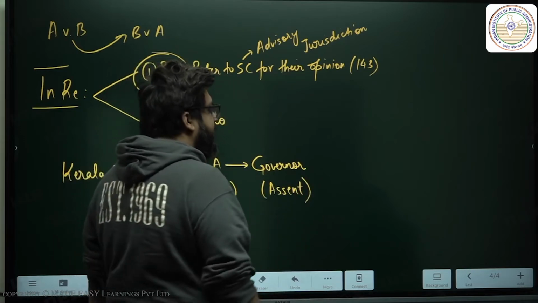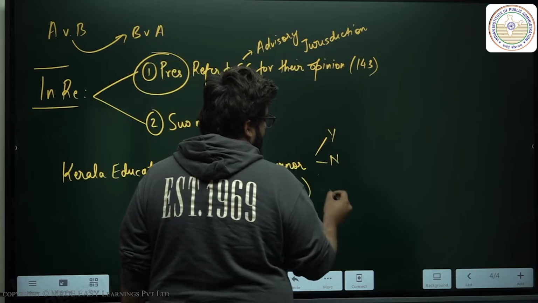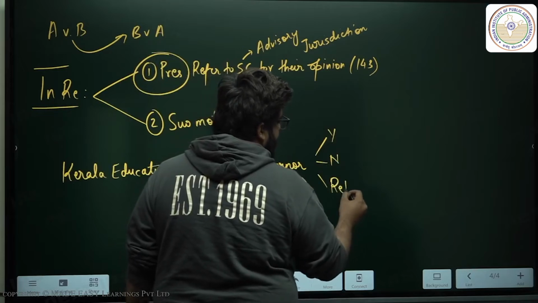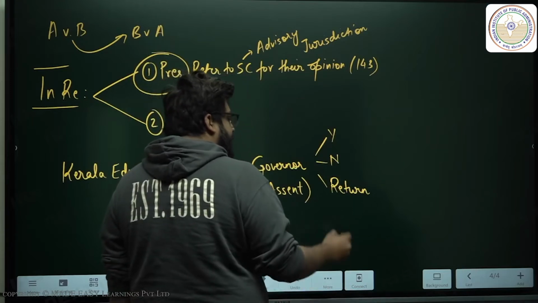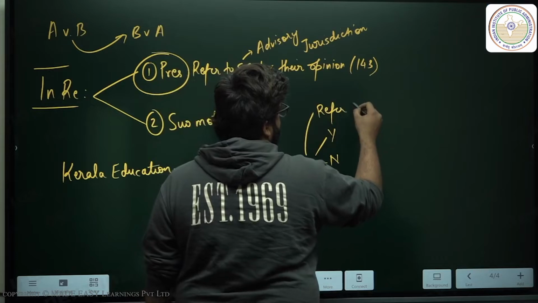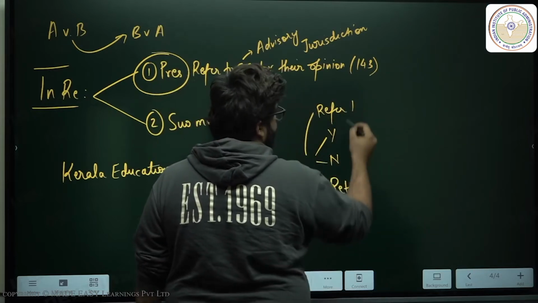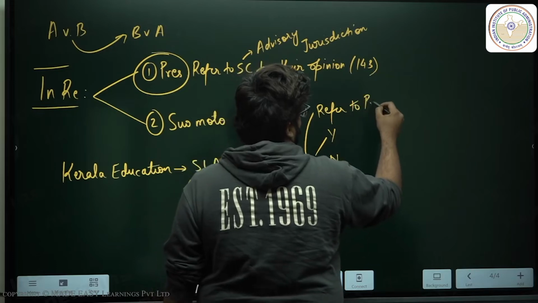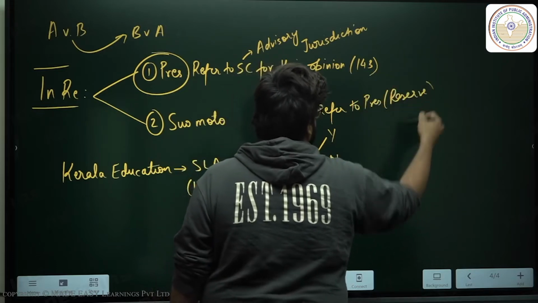Now, the governor can either say yes, can either say no, can also return the bill and ask them to reconsider, and the governor can also refer the bill to the president, or it's technically called reserve for the president.